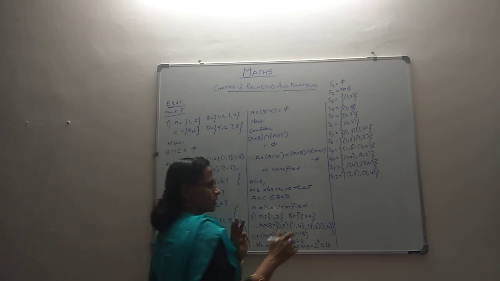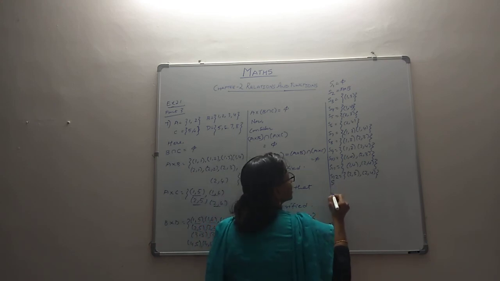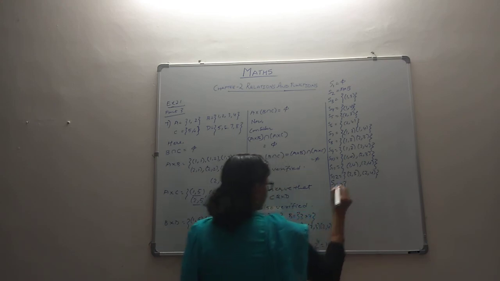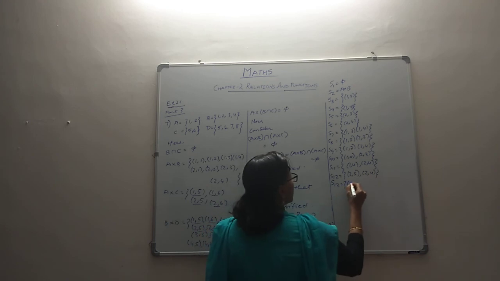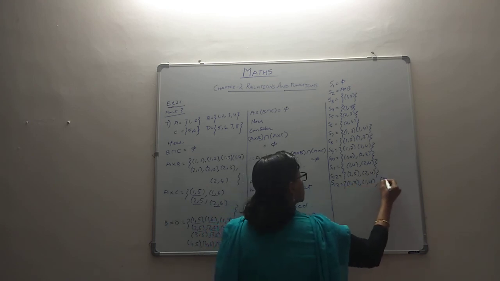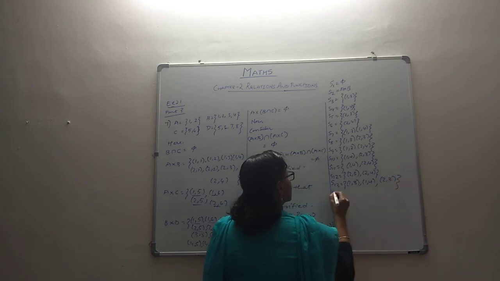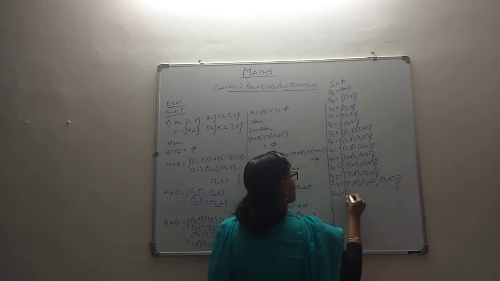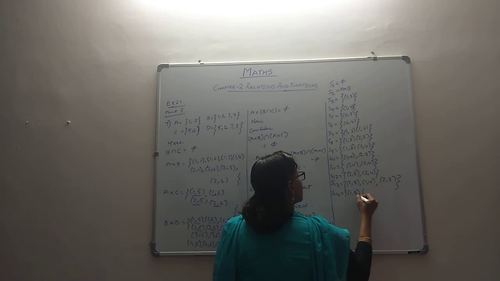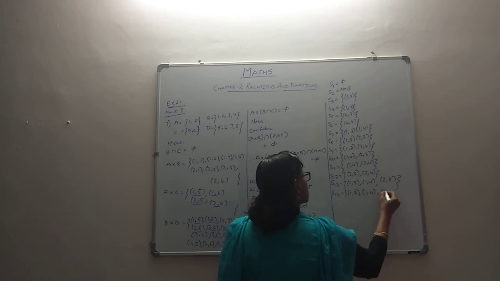Sets with 3 elements. S13: 3 elements, {(1, 3), (1, 4), (2, 3)}. Then {(1, 3), (1, 4), (2, 4)}.